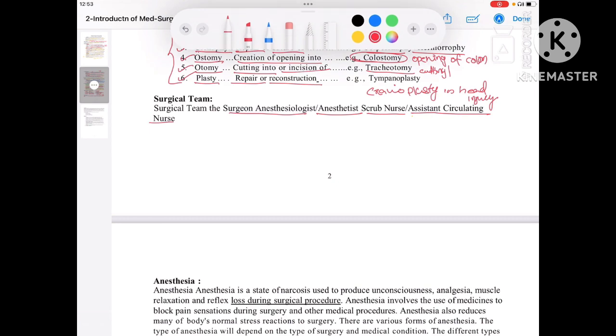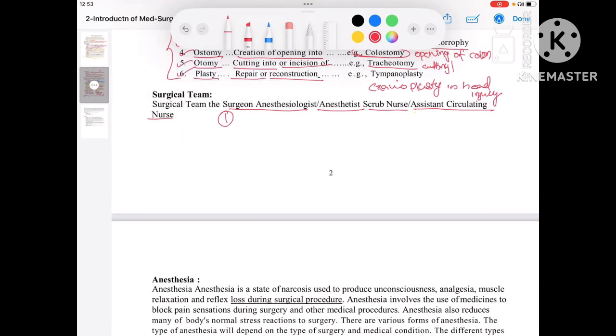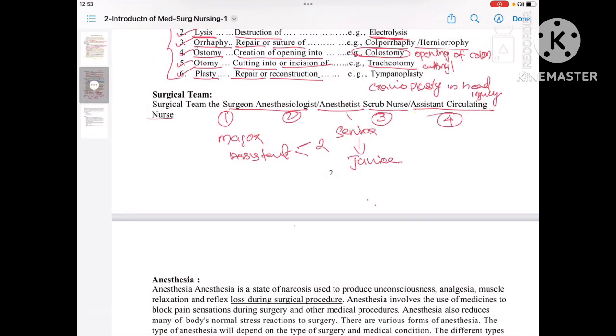In the surgeons, a major surgeon will be there, then one or two assistants. Among anesthetists, there will be a senior and one more junior. All those come under the surgical team.